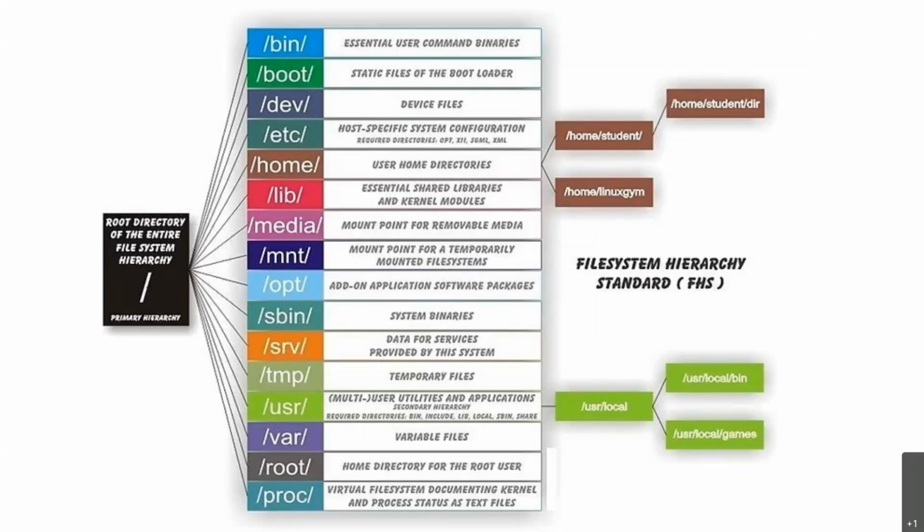I'll explain a few in short. Boot is the main directory which contains bootable files. Next, etc contains configuration files, and lib contains library files.